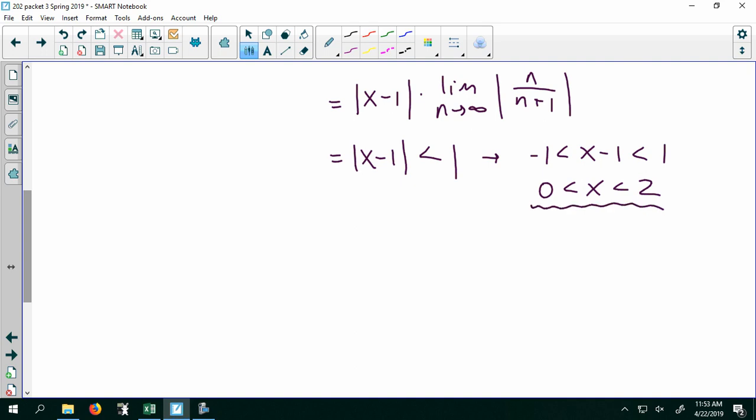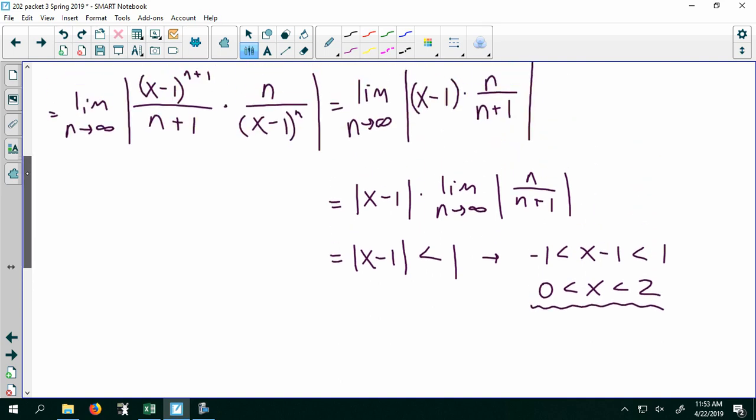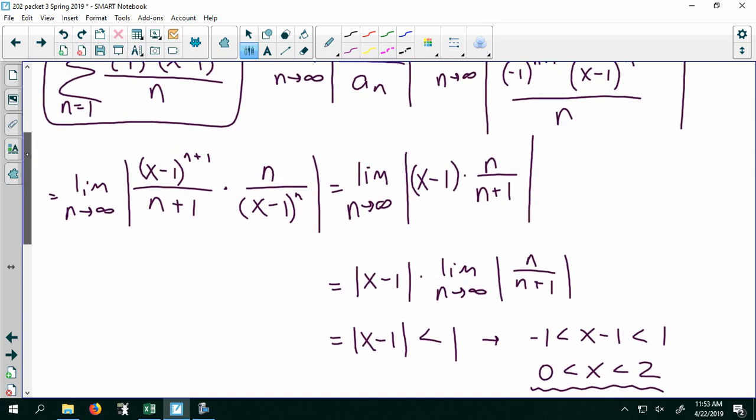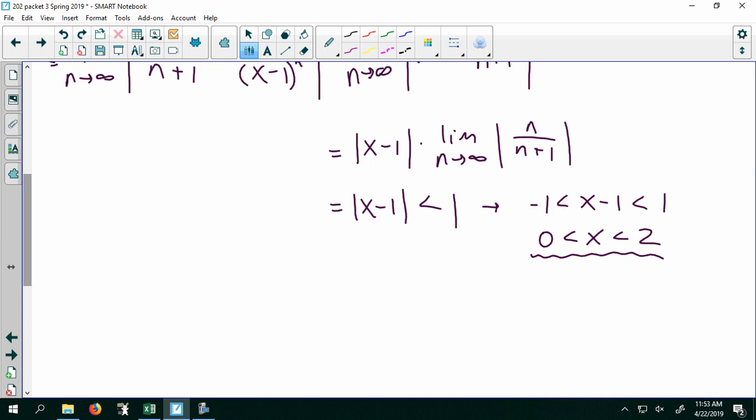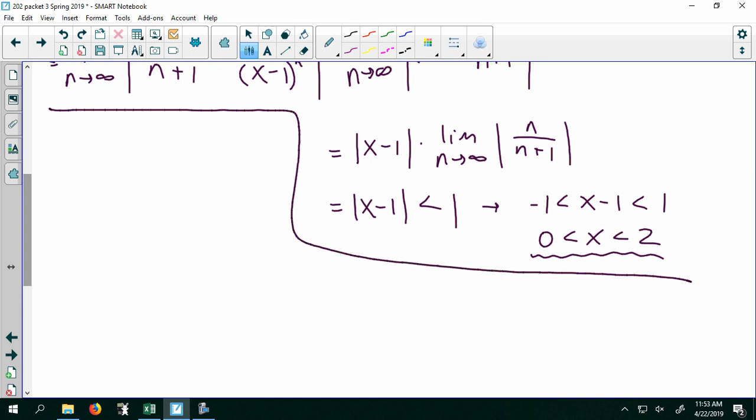So that is the open interval of convergence. All of the x's between 0 and 2 will make the power series converge. Now I have to check 0 and 2 separately. So I'm going to check x equals 0 and x equals 2. Let's see, I'll just draw some lines here.